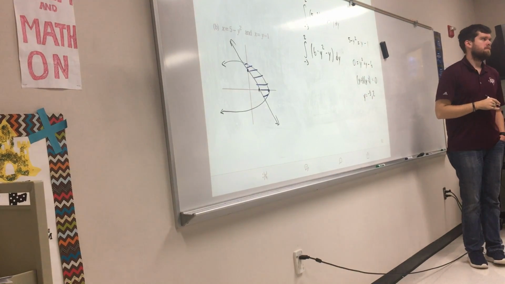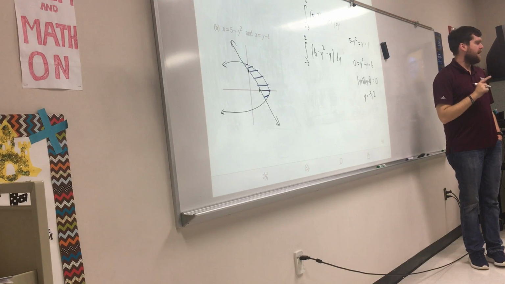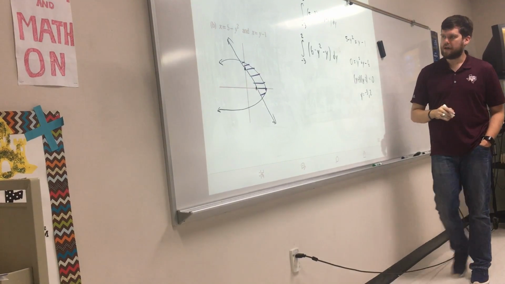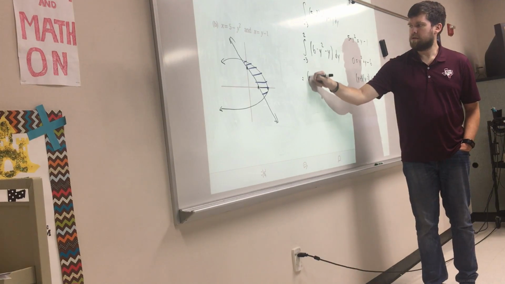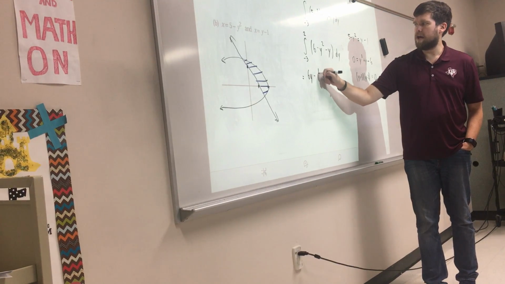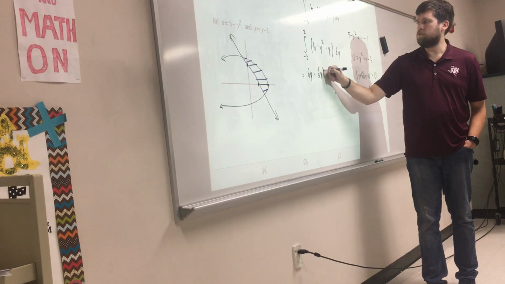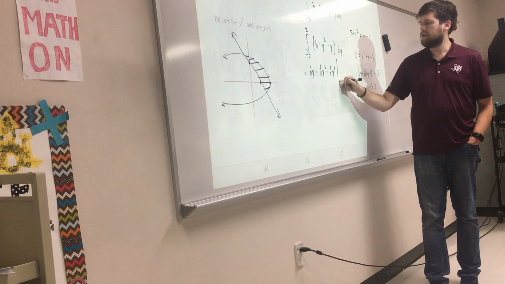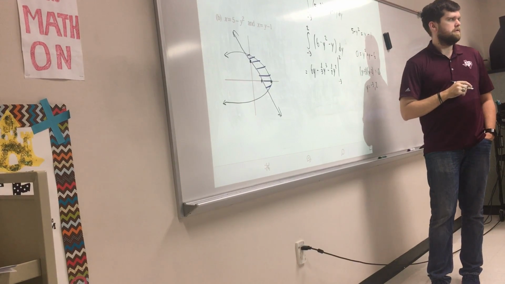Okay. So if I'm doing this by hand, what do we need to do next? Antiderivative, okay, which is going to be 6y minus 1/3 of y cubed minus 1/2 of y squared, evaluated from -3 to 2.